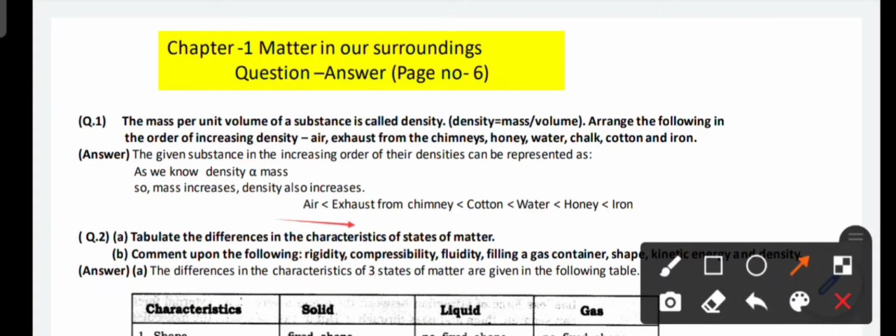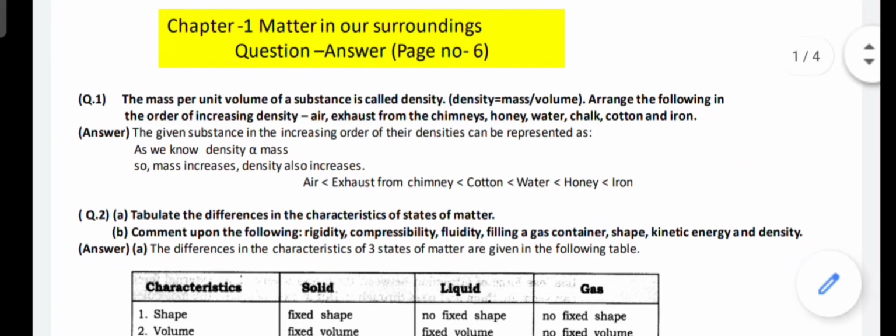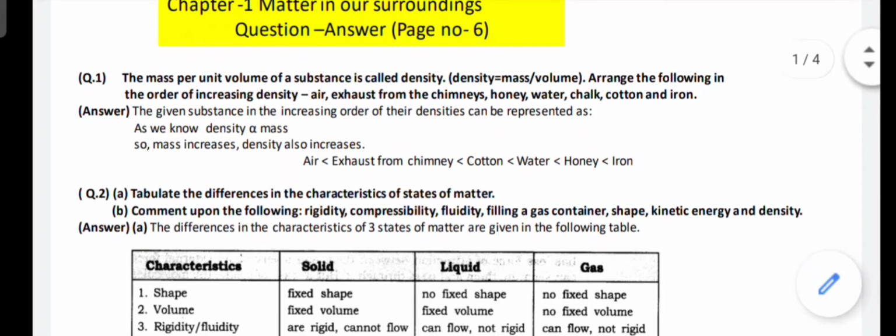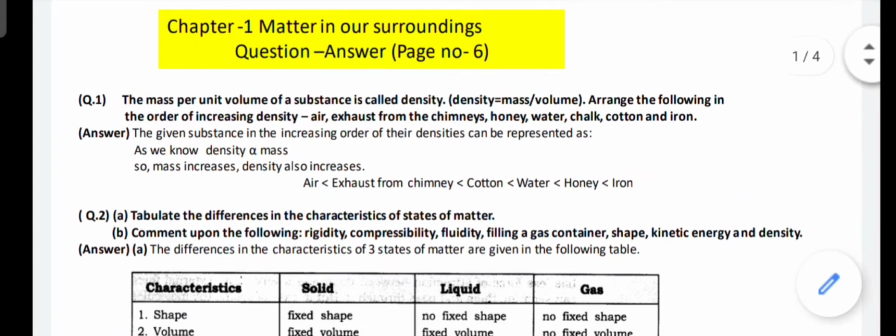Air has low density because it is a gas. Then exhaust from chimney, then cotton, then water, then honey, and then iron. Iron has more density, that's why it came last. Understood? Because it is solid in form.